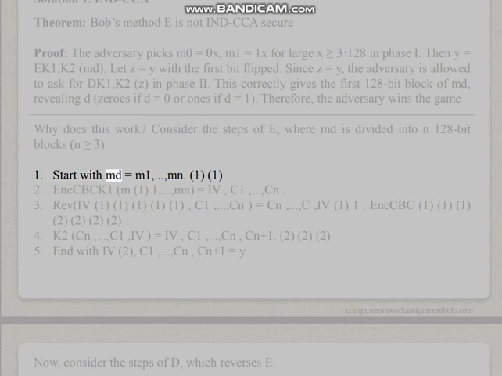Start with Md = M1, ..., Mn. 2. ENC-CBC(K1, M1 ... Mn) = IV1, C1, ..., Cn. 3. Rev(IV1, C1, ..., Cn) = Cn, ..., C1, IV1. 4. ENC-CBC(K2, Cn ... C1 IV1) = IV2, Cn, ..., C1, IV1 with new ciphertext blocks. 5. End with IV2, C1', ..., Cn', Cn+1' = Y.